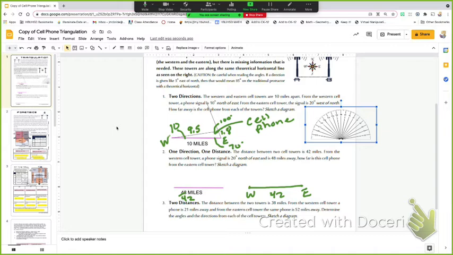From the western tower, the cell phone signal is 20 degrees north of east. That's where I was getting my 20 degrees, I think, that I did a minute ago. So from the western tower, you go to the east, and you turn to the north 20 degrees. So that's 20 degrees north of east.